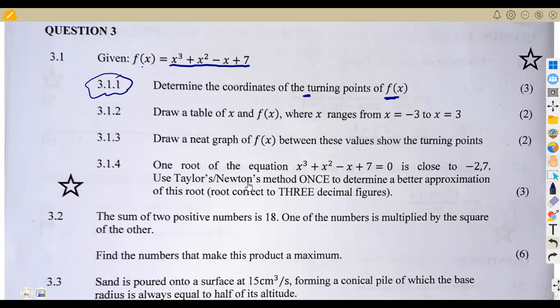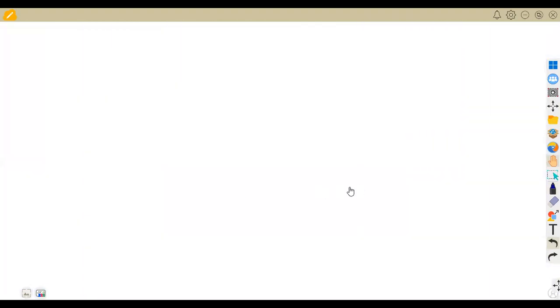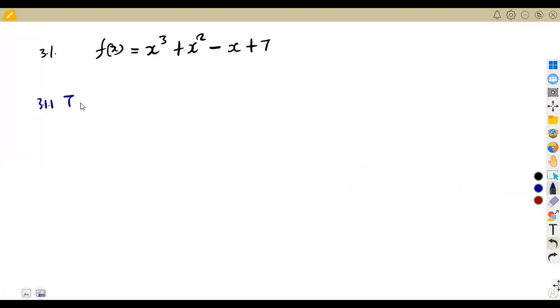All right, so let us have our function and see how we're supposed to attempt this question. So remember, we have our f of x, which is x cubed plus x squared minus x plus 7. And the first part of our question was to determine the turning points.